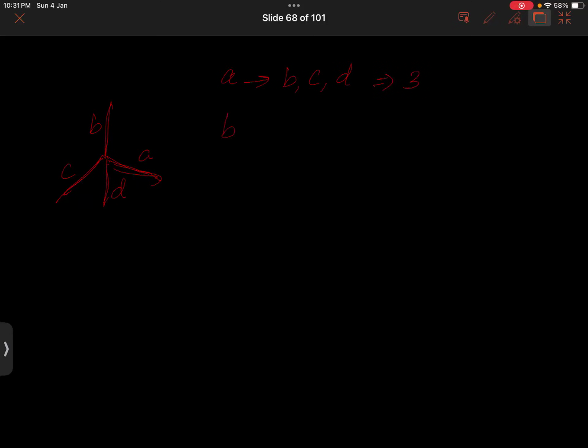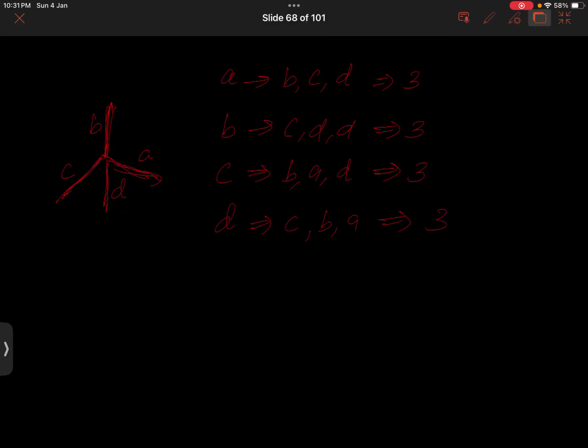And similarly B, this edge. B is attached to C, D, and A. So its degree is 3. Similarly for C, the edge C is attached to B, A and D. So the degree of this is also 3. And the last edge D, the neighboring edges: D is connected to C edge, B edge and A edge.